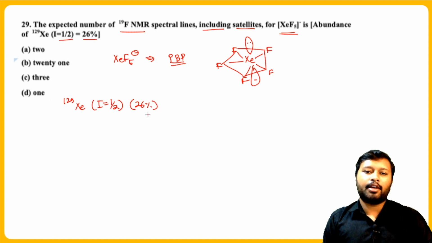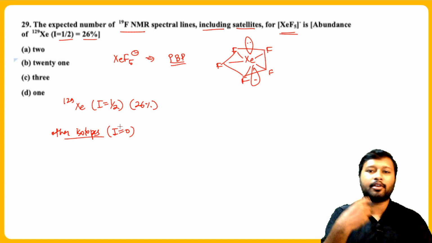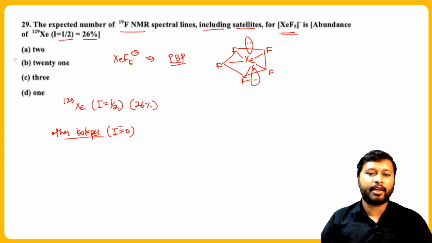The other isotopes we don't know, and they will have I equal to 0 because they are not mentioned, so they must be NMR inactive, and their abundance will be 74%.